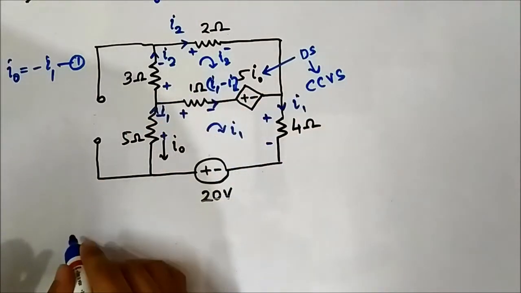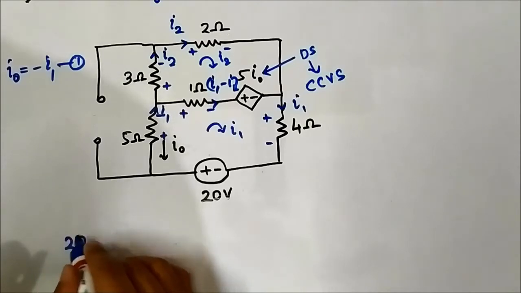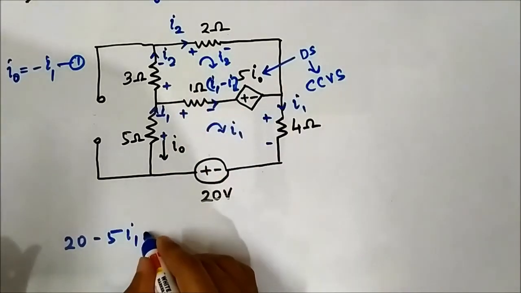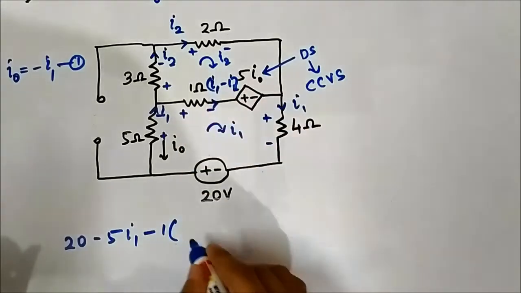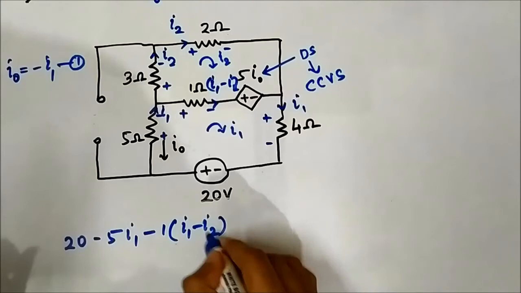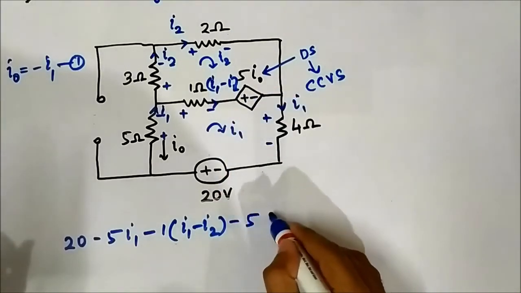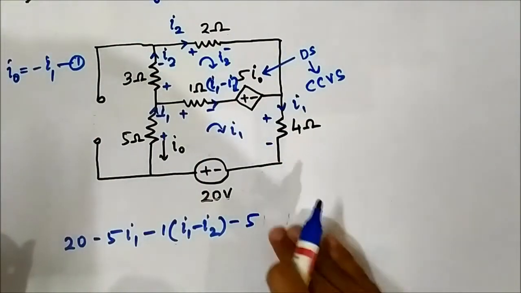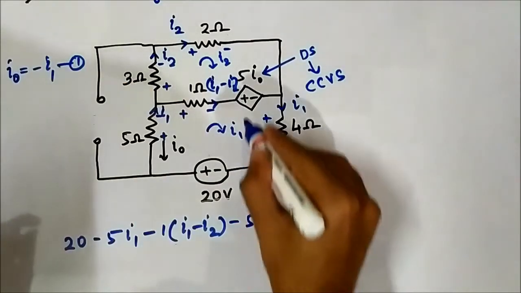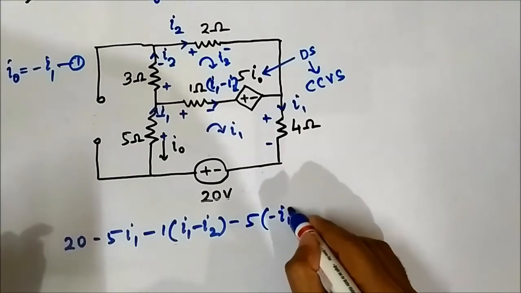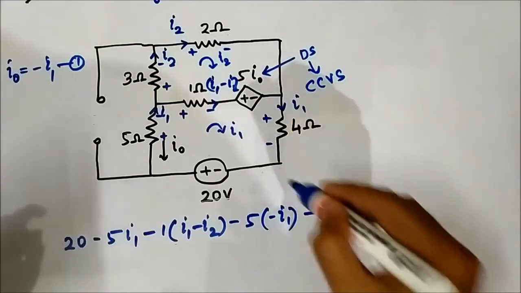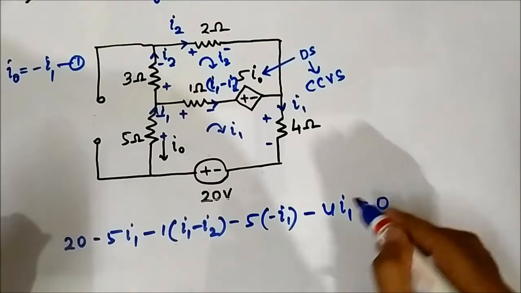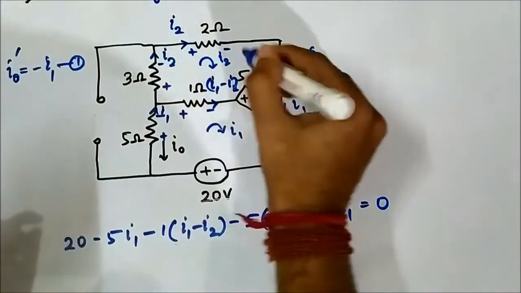So in this lower loop, we get 20 minus 5 I1 minus 1 into (I1 minus I2) minus 5 I0, we can write I0 as minus I1, minus 4 I1 is equal to 0.